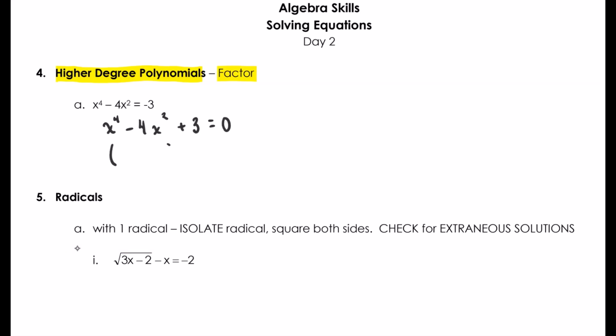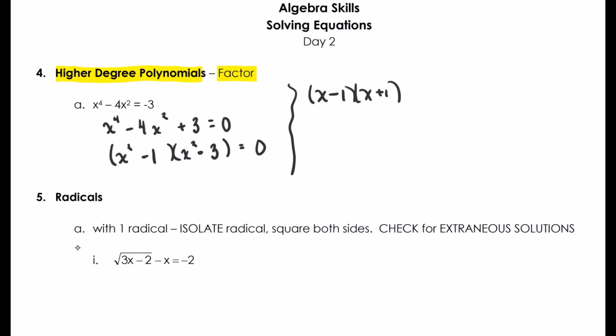And then notice that I could factor that into x squared minus 1 and x squared minus 3. The x squared minus 1, you could solve that factor, or you could also realize that that's x minus 1, x plus 1. That's one of our special factoring patterns.